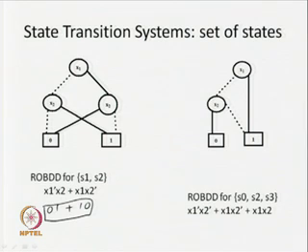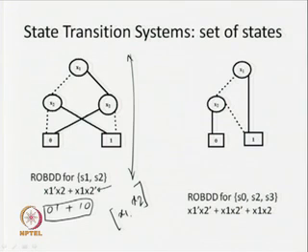Now, once I have this Boolean expression, we can construct the ROBDD for it, and we are going to get this as our ROBDD. That means, this ROBDD is going to represent the set of states S1 and S2. And what is the variable ordering over here? I can see that the variable ordering is X1, X2. This is the variable ordering we are using to construct this particular BDD.